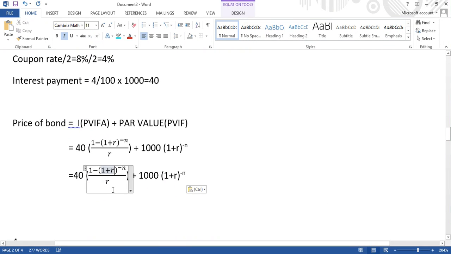Okay, so r is 2.5%, 2.5 divided by 100, that's 0.025. N, okay, it's not going to be 6.